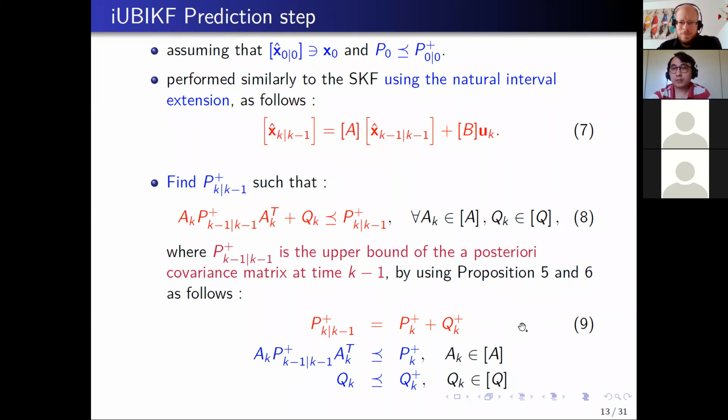Do you need to solve this LMI in equation 8? I think it's an LMI problem. I don't know what LMI you mean. Linear matrix inequality. Yes. In this development, we use propositions 5 and 6 aforementioned.